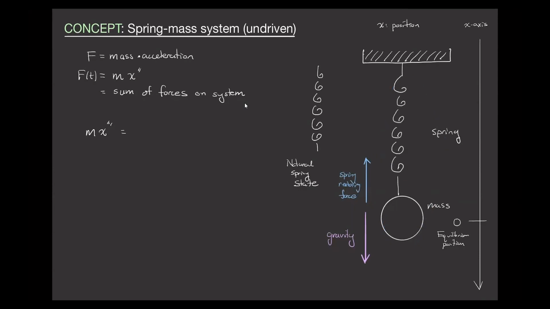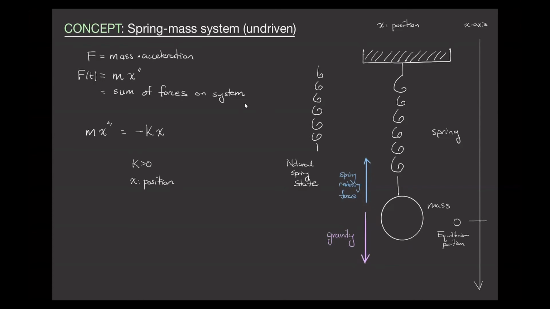And just like with its natural state being stretched out to this equilibrium state, it's going to resist more as you get farther away from equilibrium position. To represent that, we say negative k times x, where k is positive, and x is, again, the position.